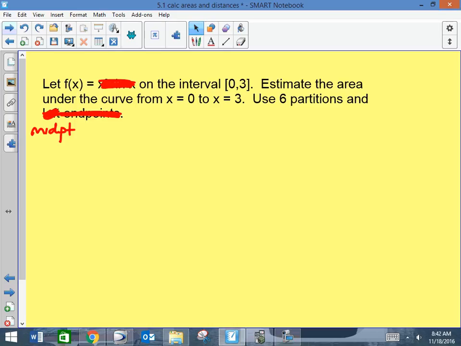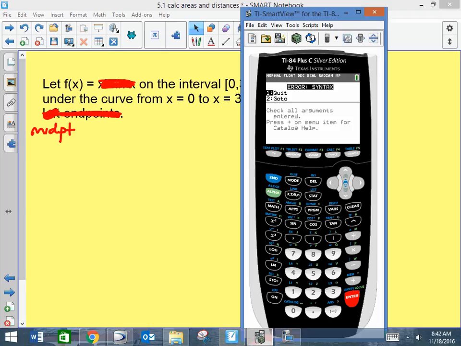So let's do 7. Let's see what this looks like. All right.